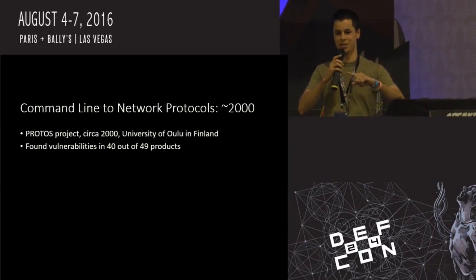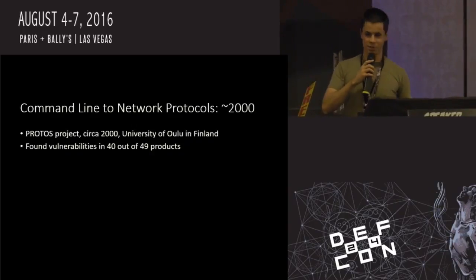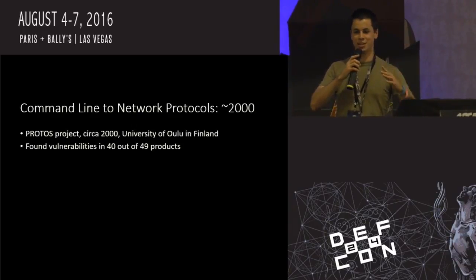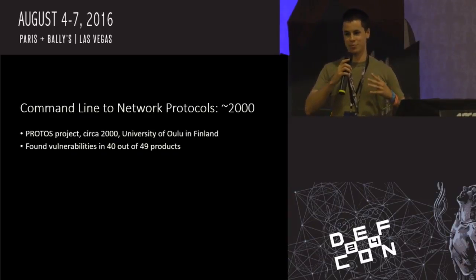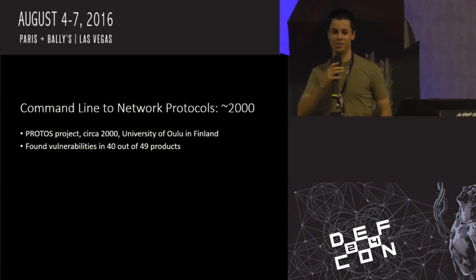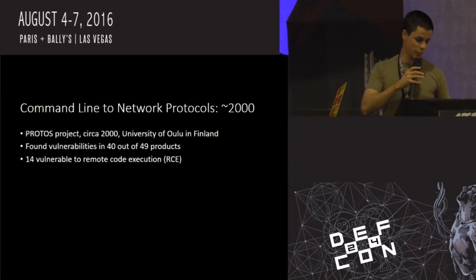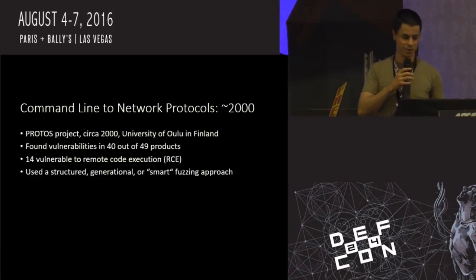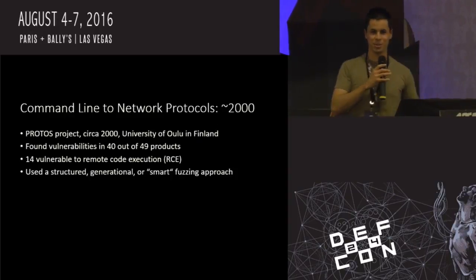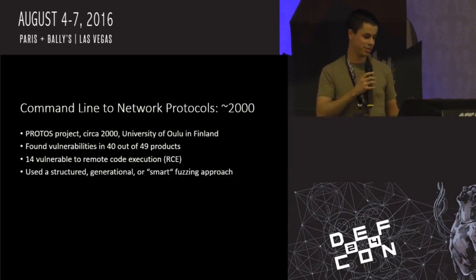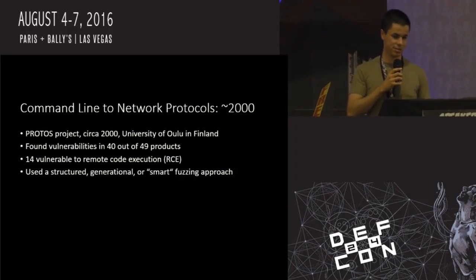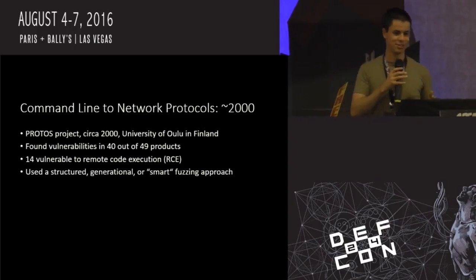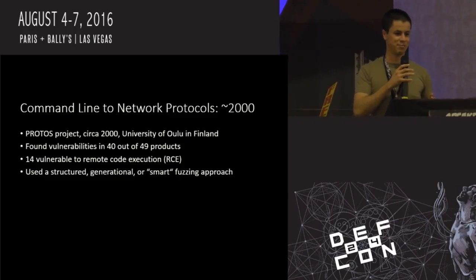So they're attacking protocols rather than specific tools, which is nifty because once you do that, you can attack multiple products if they use the same protocol. 14 of those products were vulnerable to remote code execution, and they switched from complete randomness to using a structured approach, which people call smart fuzzing or generational fuzzing, or structured. There's not really a good name for it. People do smart fuzzing and dumb fuzzing, and it's not really fair because dumb fuzzing isn't necessarily that dumb, right?